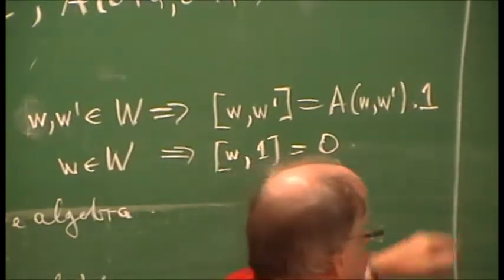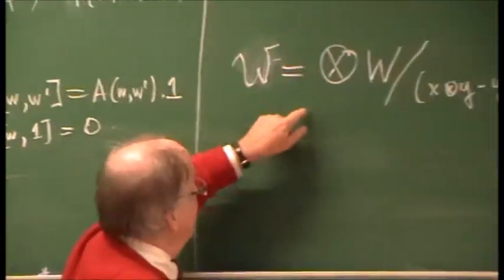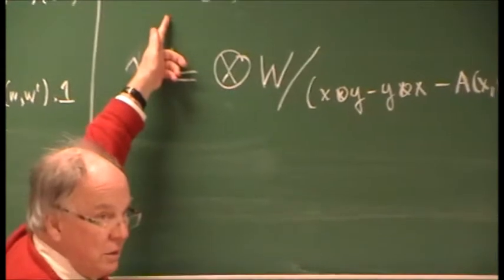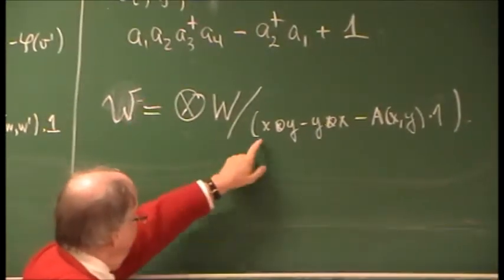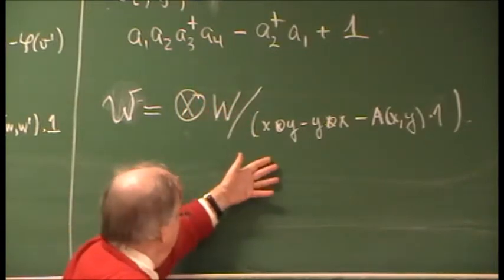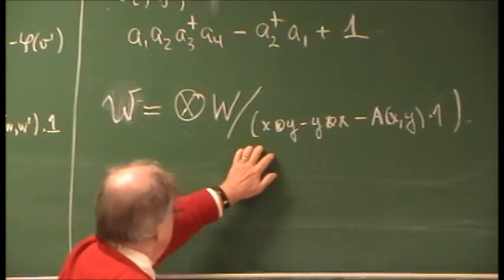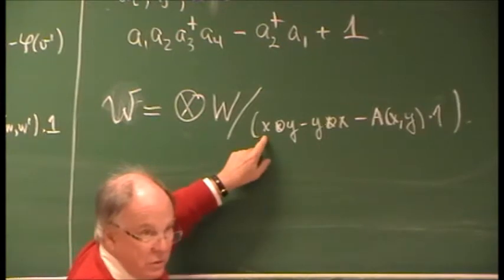So the objects are in the Weil algebra. This makes perfectly good sense. It's just that when you're in the Weil algebra, we're in this quotient. That means these things are equivalence classes, which we no longer write as tensors.